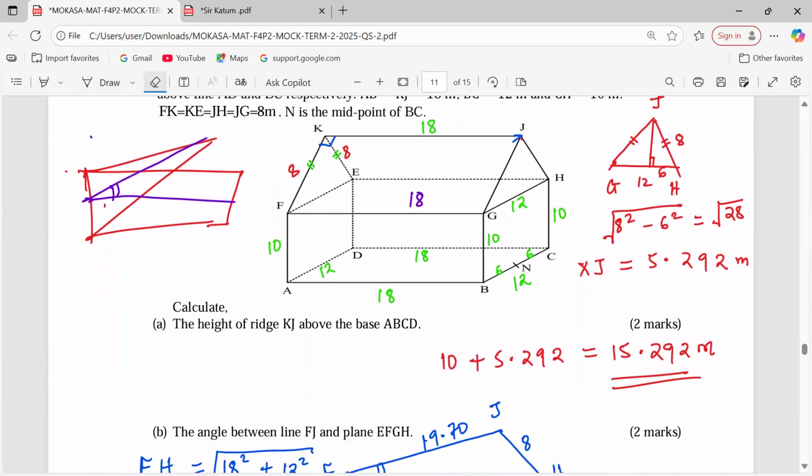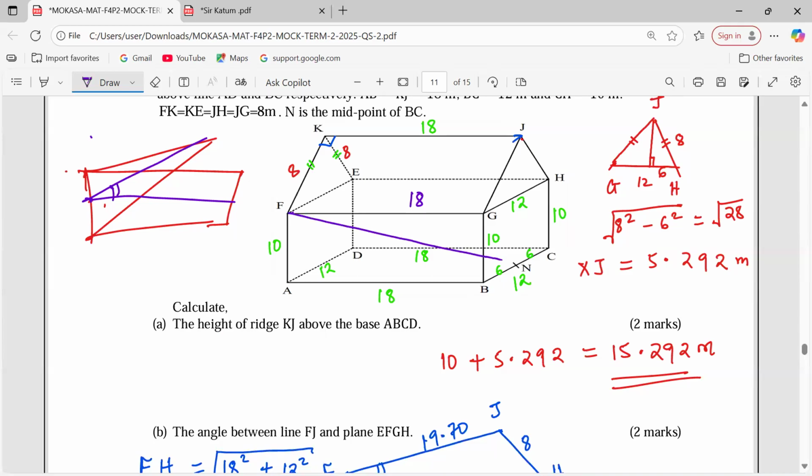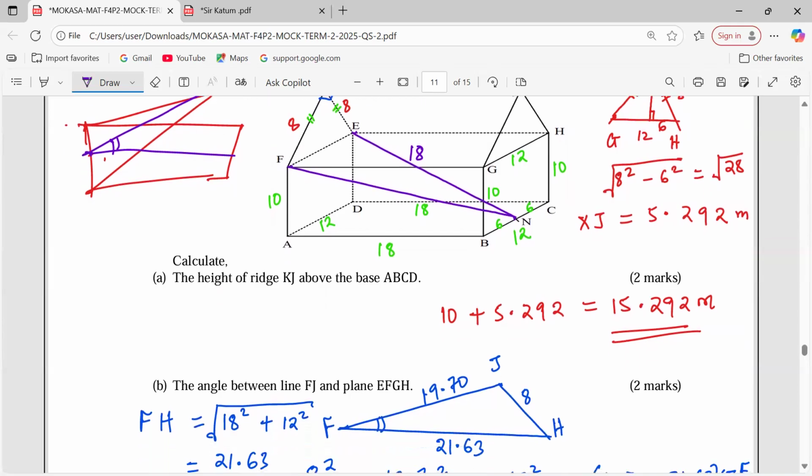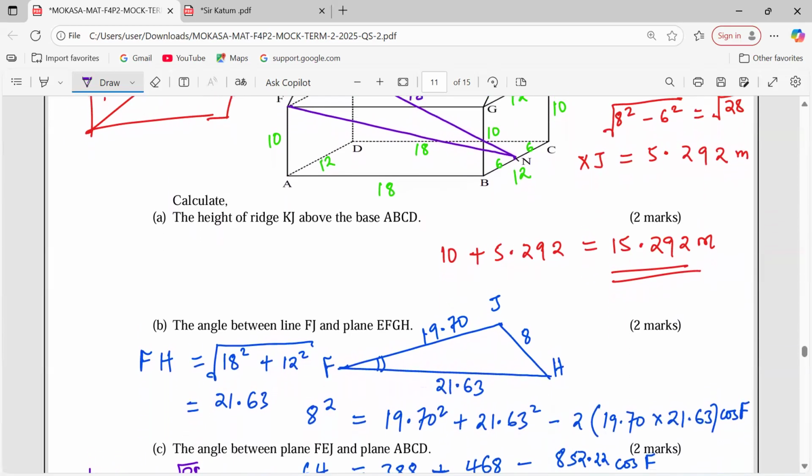FEN is a plane like this. FEN means from F to N, then from E up to N again, like that. That is the plane, a triangular plane, sliding all the way from FE to point N.